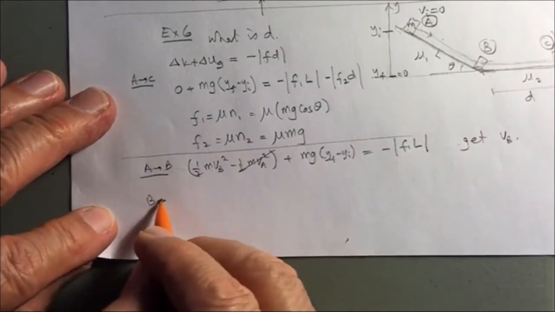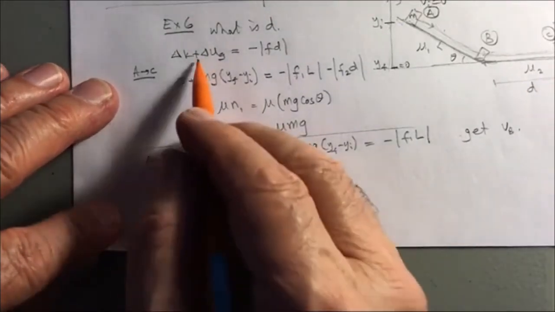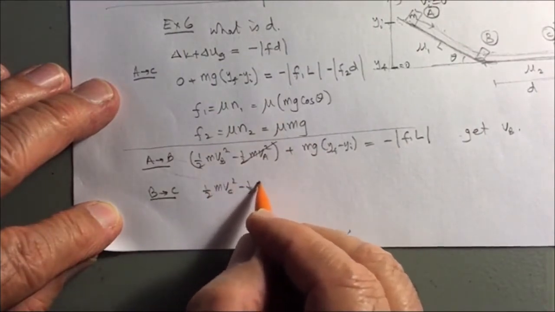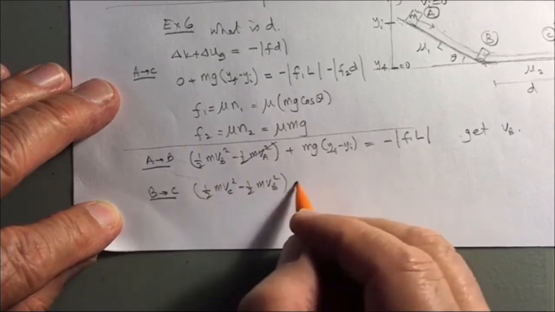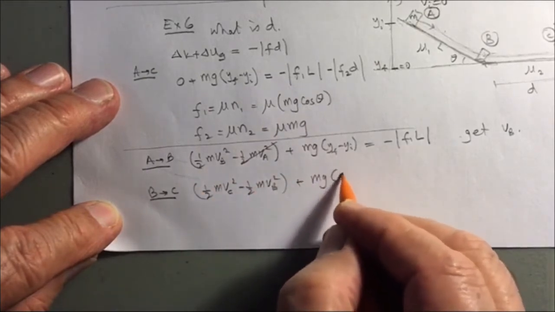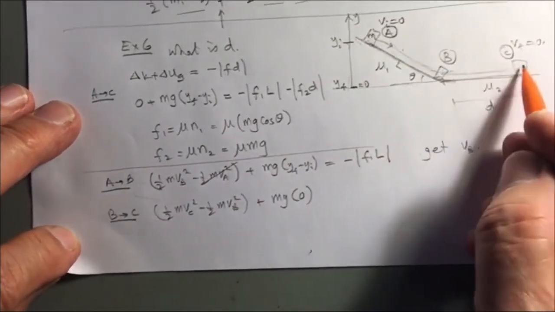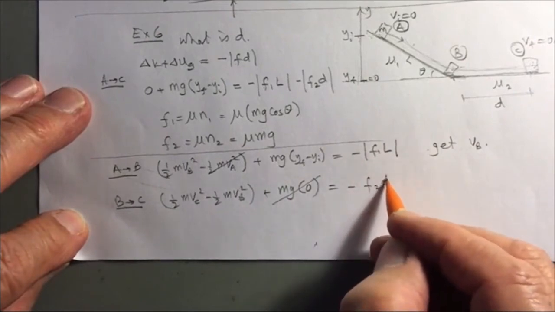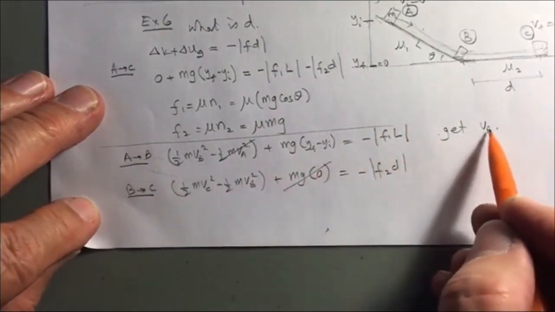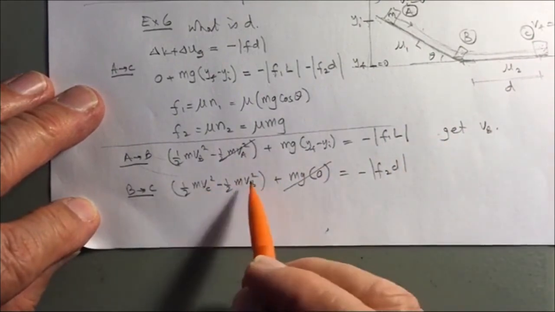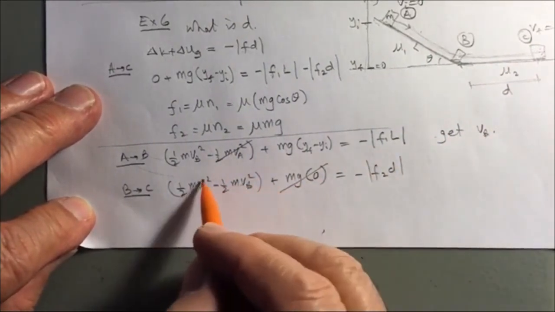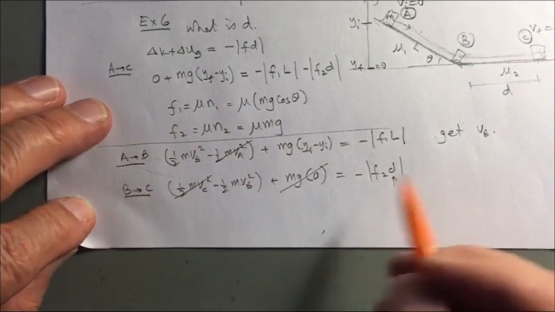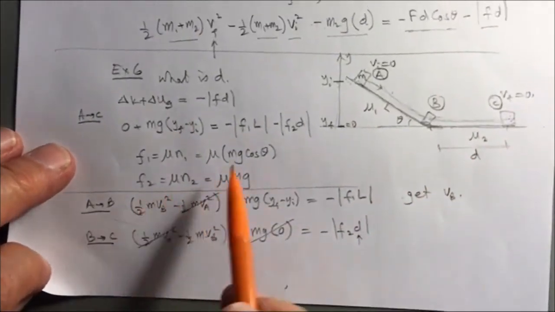Then we go from B to C and write the same equation again. So it becomes half m v_C squared minus half m v_B squared plus mg, and now there's no change in the elevation, so that's 0, equals minus F2 d. Since we already have v_B, we plug it in here, v_C is 0, and we can get the value of d. So you can break it up into two parts, or you can solve it in one part.